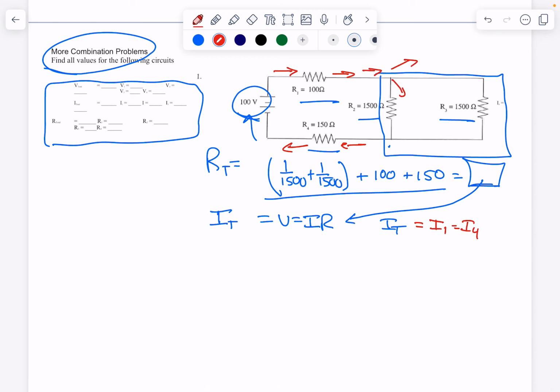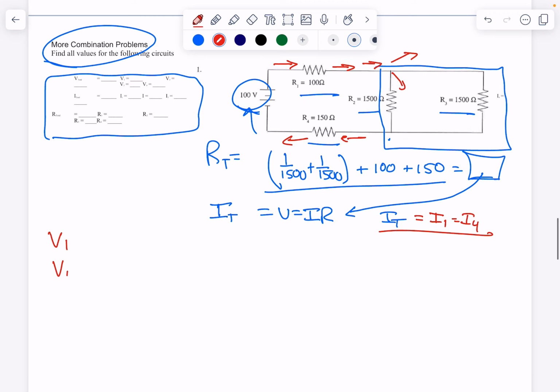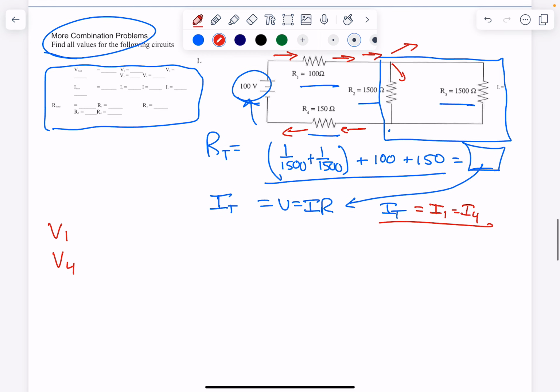To find that, you need to realize that the total voltage in a combination circuit is additive. So the second thing I would do, once you know all this, is find V1 and V4. Voltage in a series circuit drops, while in a parallel circuit it remains constant.